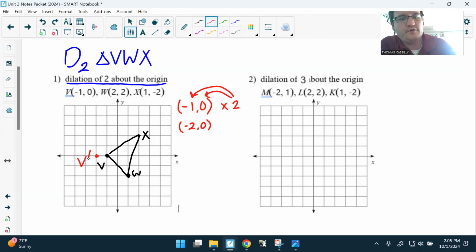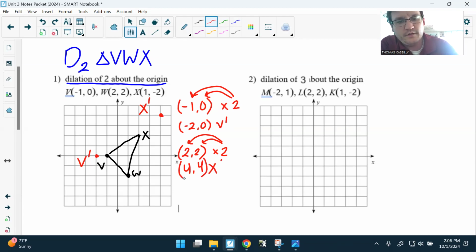Similarly, I'm going to look at W. W's original point was 2, 2. If I multiply both of those coordinates by 2, we end up at 4, 4. So maybe I'll put V prime here, and I'll put X prime here.